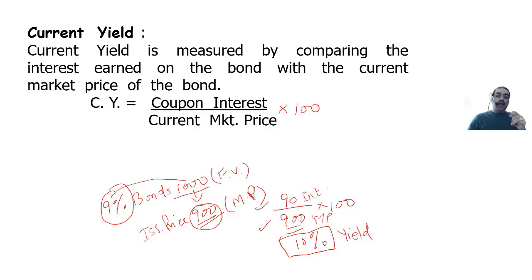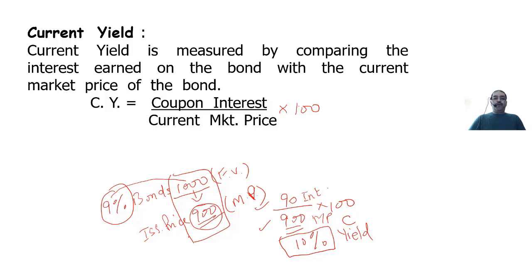That means if the investor is expecting a higher rate of return and you are giving a lower rate of interest, then the bonds should be selling at discount. So when the current yield is greater than the rate of interest, that is the coupon rate, then the bonds are selling at discount. Have you followed? If the current yield is greater than the coupon rate, then the bonds must be sold or issued at discount.